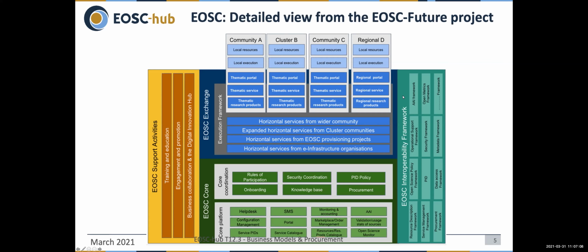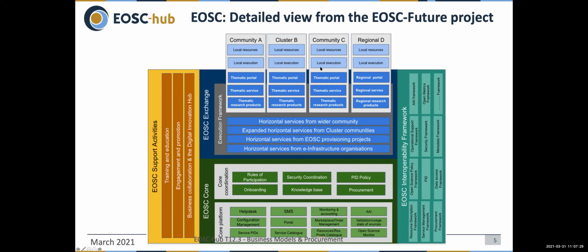In the bottom part, you can see the EOSC core with the set of enabling services or capabilities. On the top, you find the EOSC Exchange with the horizontal services from the current providers or other additional providers that may join.